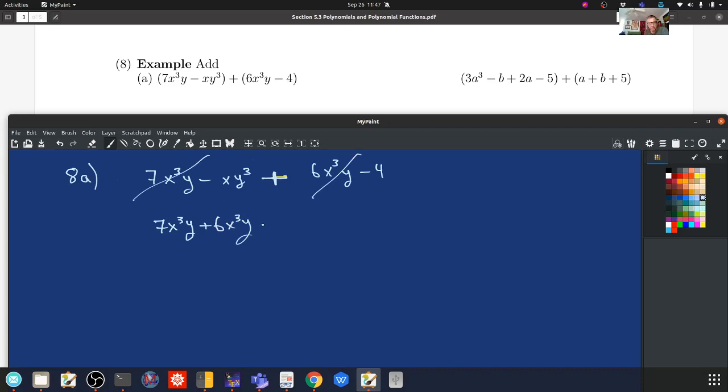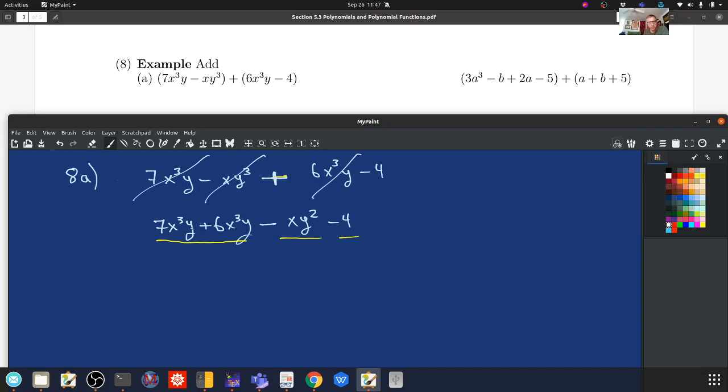Now my only other choices are xy cubed and minus 4. So these two terms, if you need to at this point, you can underline groupings of like terms, and groupings that only have one term, you can just write them down.